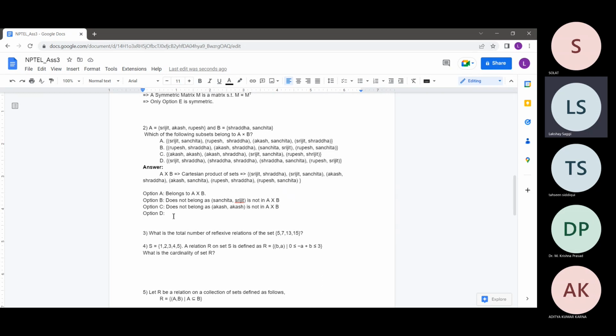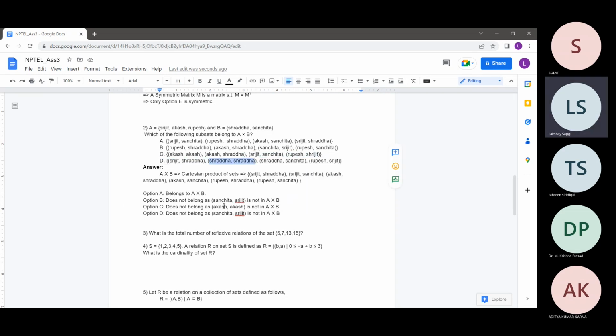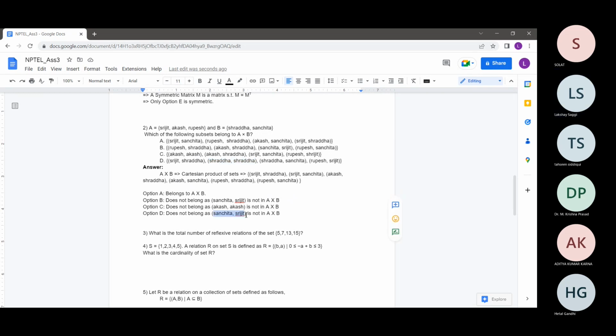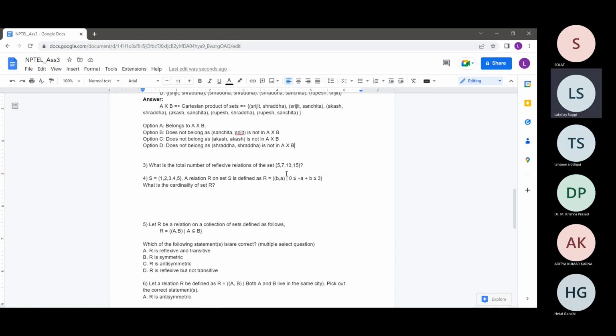For this question, it's just okay to know that. But just for extra knowledge, or for some future reference, Shraddha can belong to B cross B.